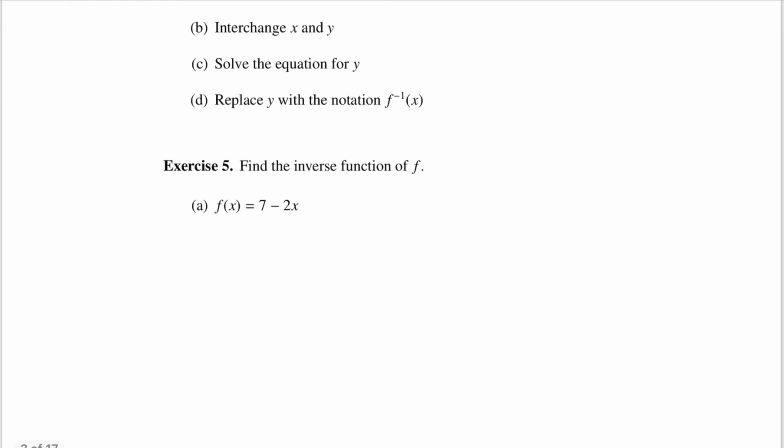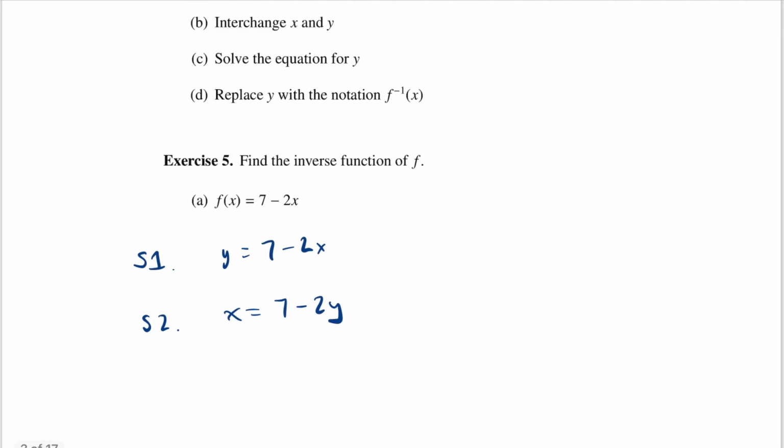Step number 1, I'll call that S1, is to change the f of x to y. Step number 2, interchange x with y and y with x. So there we go. I switched out the y with the x and the x with the y. Step 3, this is where we solve for y. So to solve for y, we have to subtract 7.